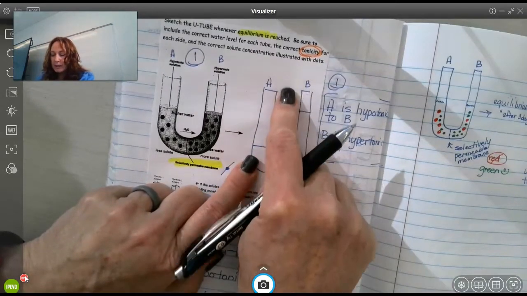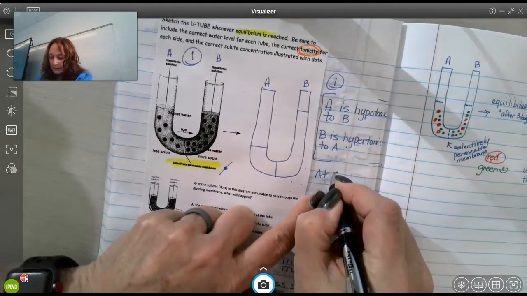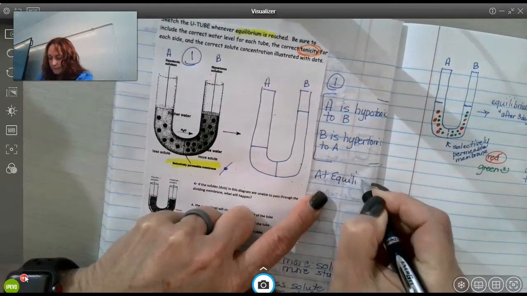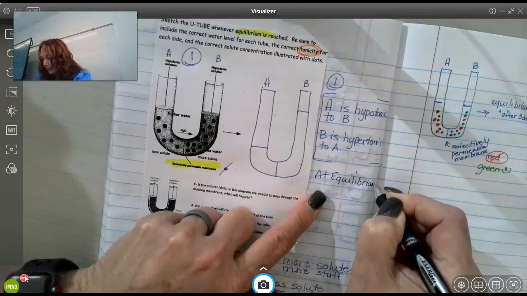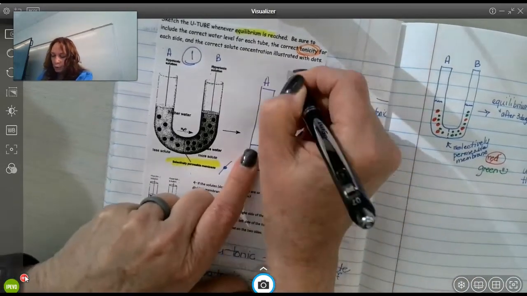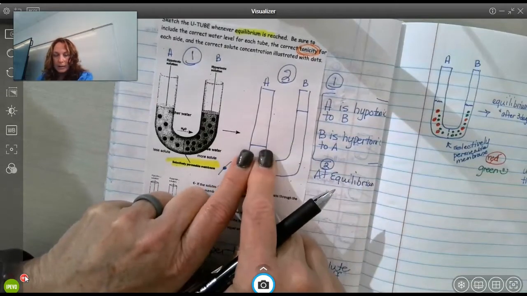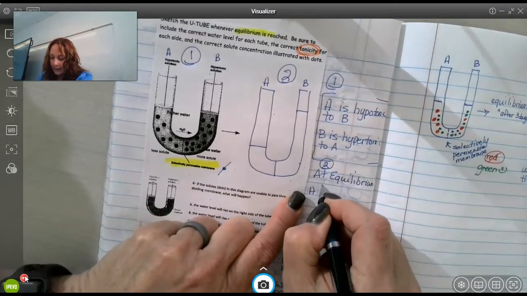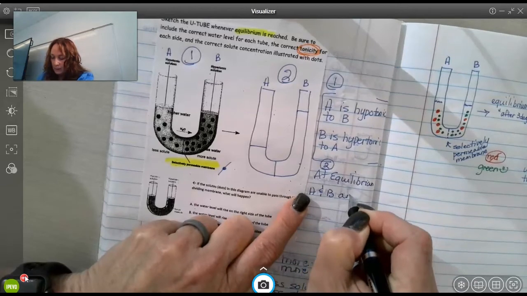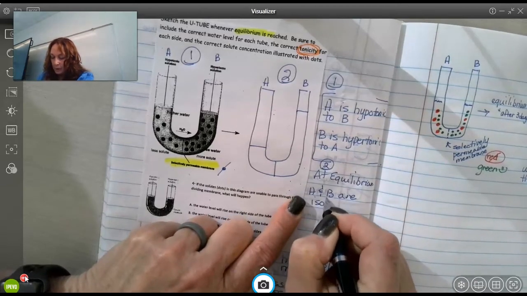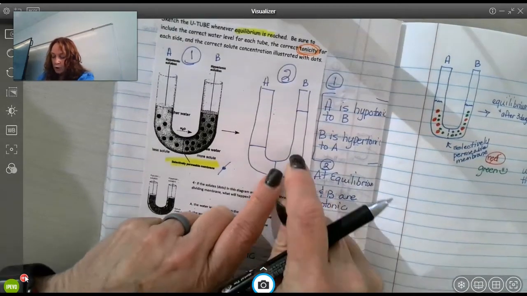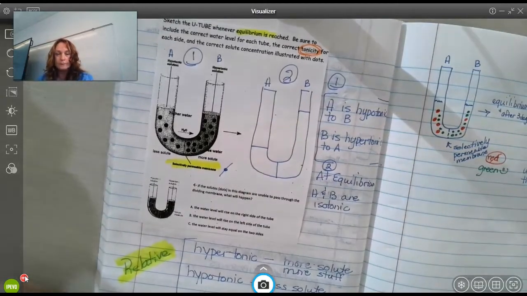So this is going to be at equilibrium, which is 2. You are isotonic to each other. A and B are isotonic. They have the same concentration of stuff to water because the water moved.